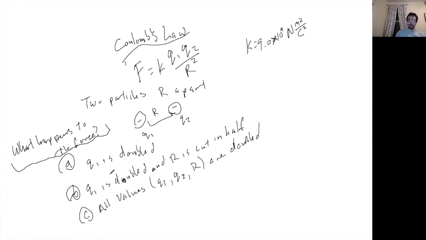Okay, so we're going to get back to this question of what happens if the charge is doubled, what happens if the charge is doubled and R is cut in half, and what happens if all the values are doubled.